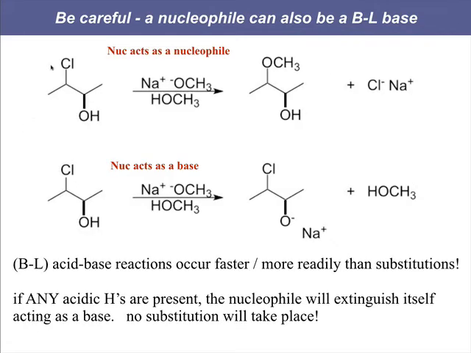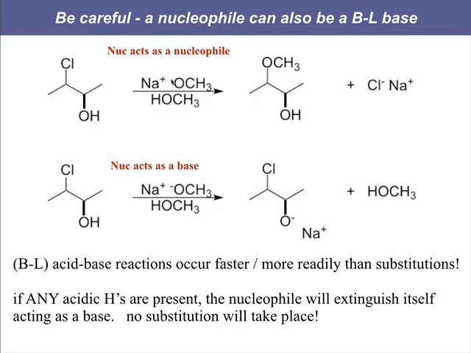So looking at this substrate, chloride is a better leaving group than hydroxide. So if our nucleophile acts as a nucleophile, what's it going to do? It's going to attack this carbon because that's partially positive. That chloride would be negative. So we have a polar bond.